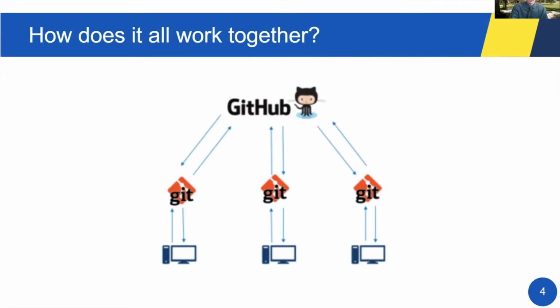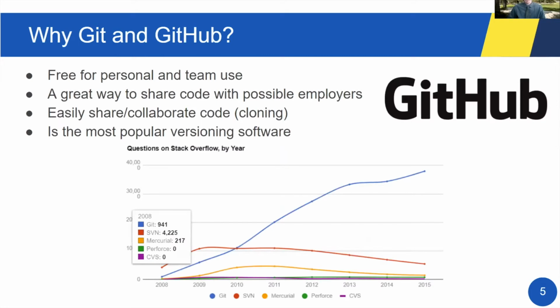All right, so why do we want to use Git and GitHub? There are other options out there, so why these 2 services? First of all, Git and GitHub are both free for personal and, more recently, for team use. It's a great way to share code with possible employers. When employers see a GitHub link on your resume, they'll know that they should look at it and they can get an idea of some of the programs you have created.